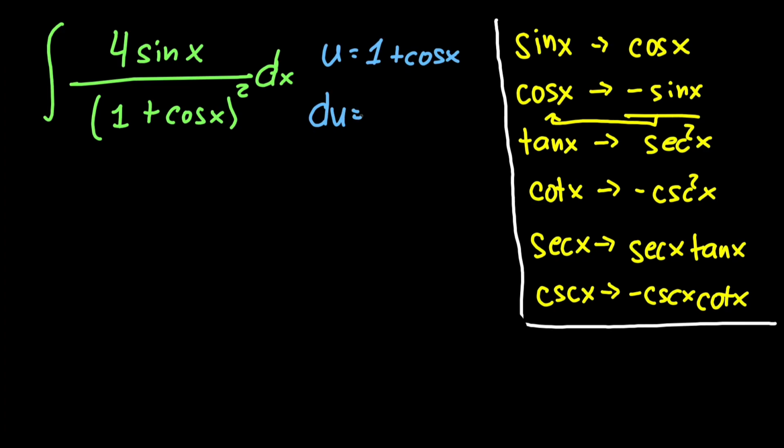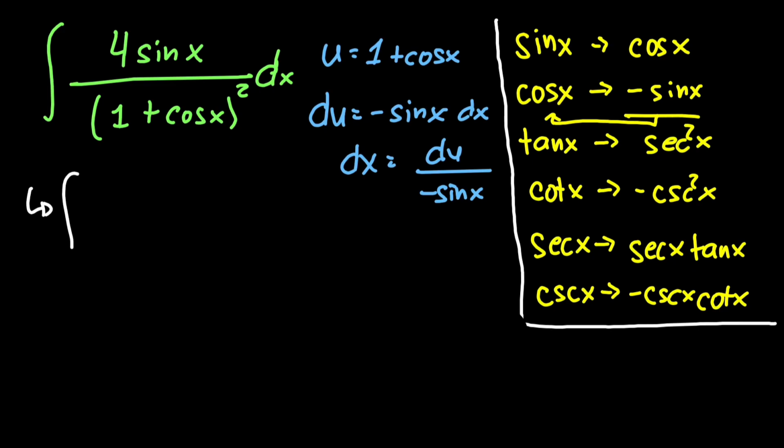So, taking the derivative of 1 is 0, derivative of cosine x is negative sine of x dx. So, dx right here would be equal to du over negative sine of x.